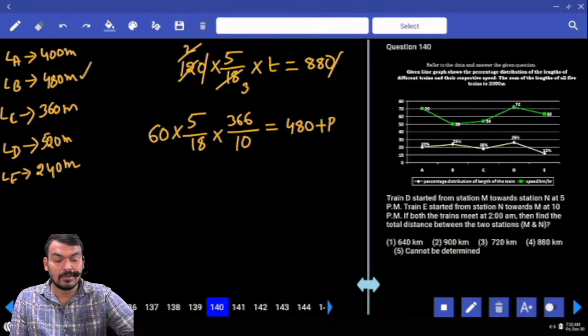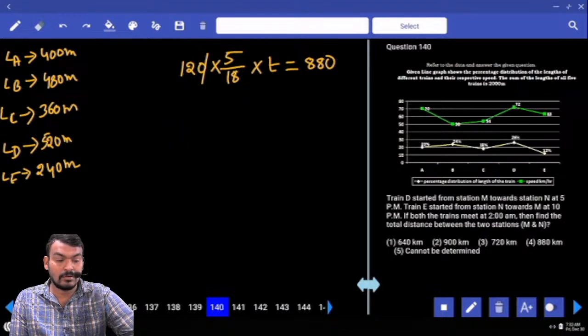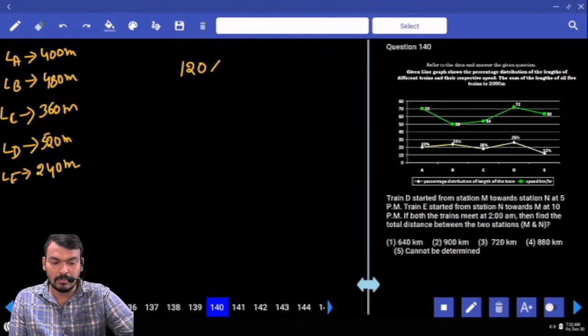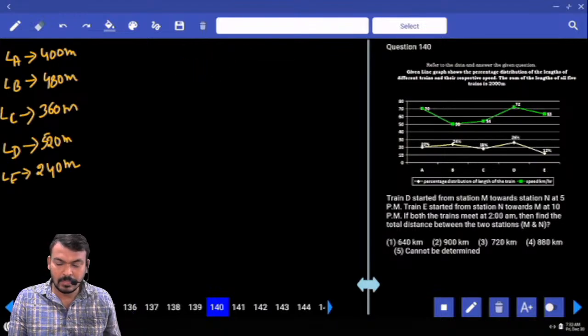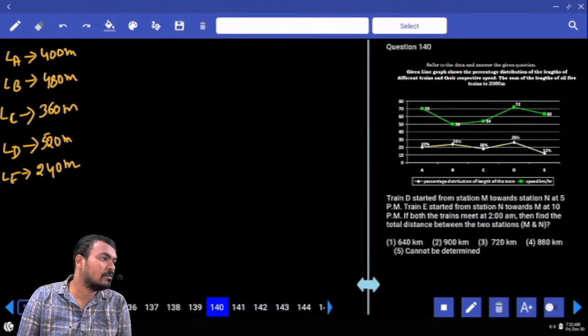What is the starting time of the first one? 5 p.m. Second one starting time 10 p.m. But both meet at 2 a.m., or not. What is the starting time of the first one? 5 p.m. But meeting at 2 a.m. 5 p.m. to 2 a.m., how many hours? 9 hours, or not. 7 plus 2, how many hours? 9 hours.